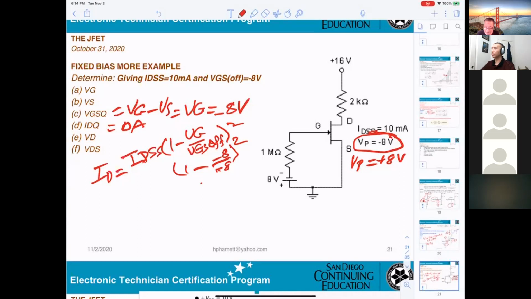VDS will be equal to 16 volts. Correct. VDS equals VD minus VS. Okay, so it looks like you understand how to work with the fixed bias.